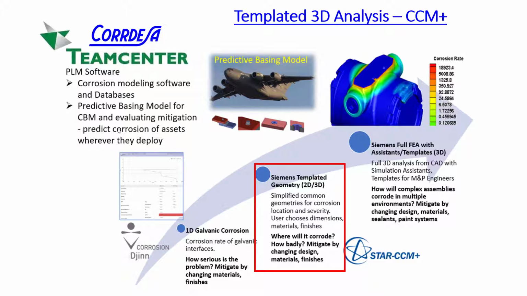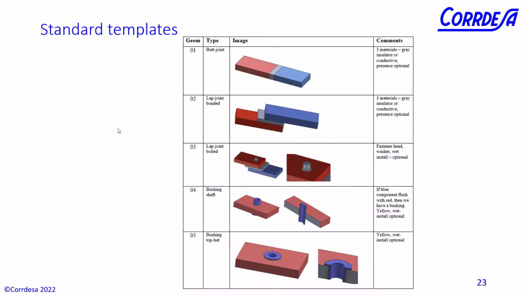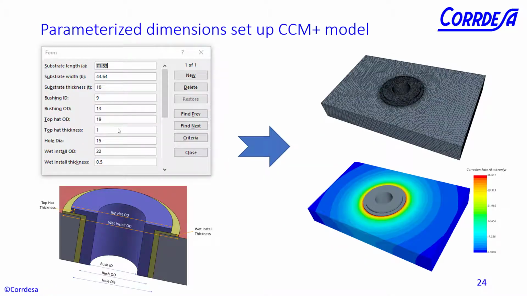Then we have a GUI. We've introduced a GUI with several different geometries. In aerospace systems, we have bonded joints, fixtured joints, bushings, and common geometries that you can put into families. And we've automated the creation of those models. So with the GUI, we can look at these different options in the family, and we just pop in the numbers.